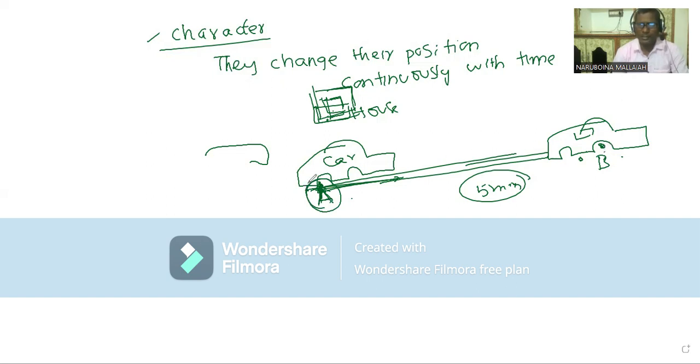So, change in position, that is called motion.